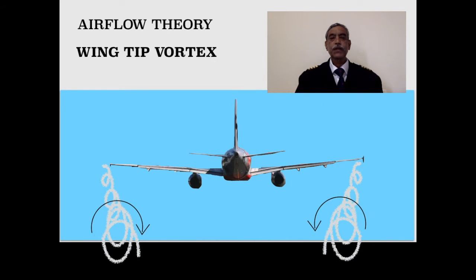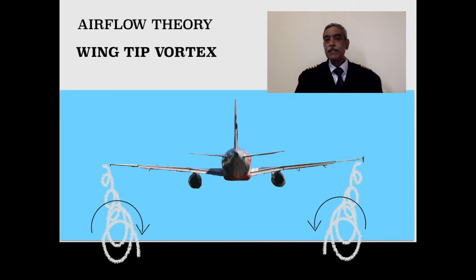Here I have tried to show another phenomenon. It's called the wingtip vortex. As I talked about airflows being three-dimensional, which gives rise to several other issues, as I have shown. Over the top surface of the wing, we saw that the flow is towards the fuselage, and similarly, in the bottom surface of the wing, it flows outside the fuselage.